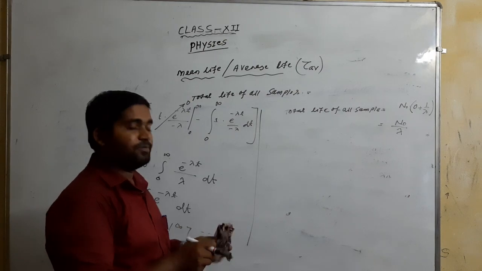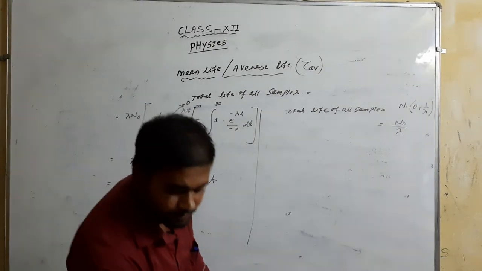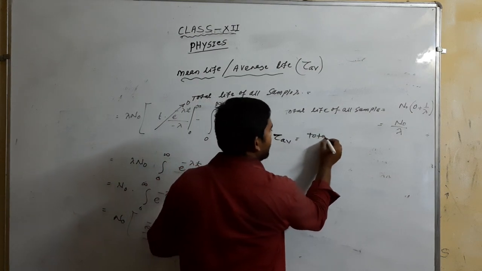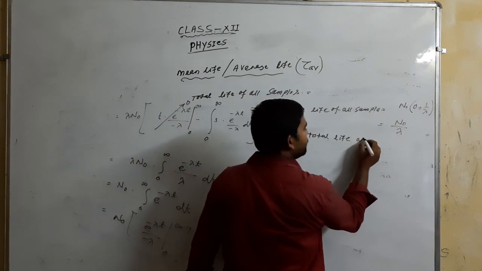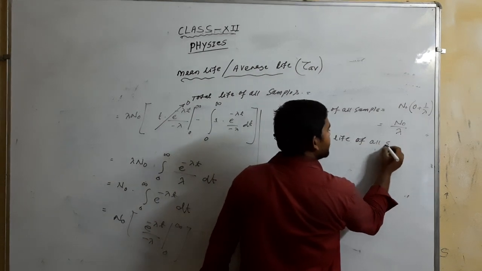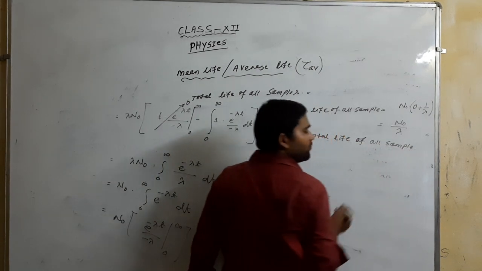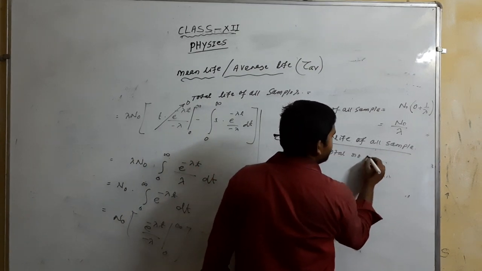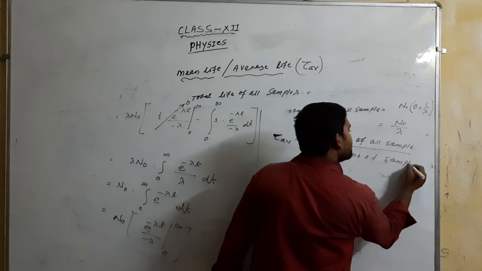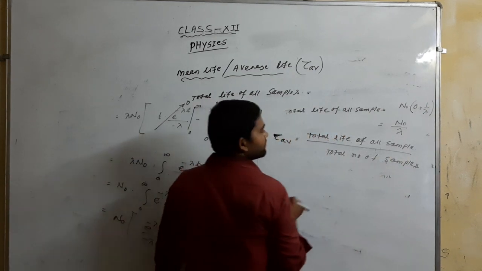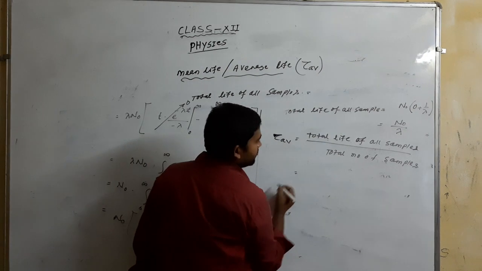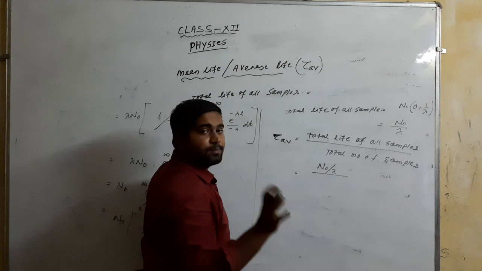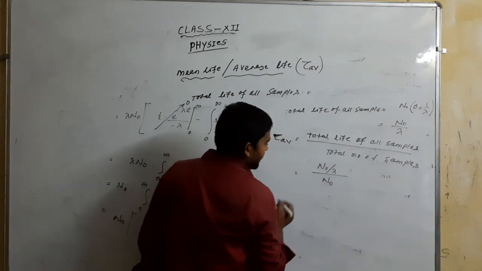And from the definition of average life, tau average is the total life of all samples before decay divided by the total number of samples. The total life is n0 by lambda, and the total number of samples is n0.